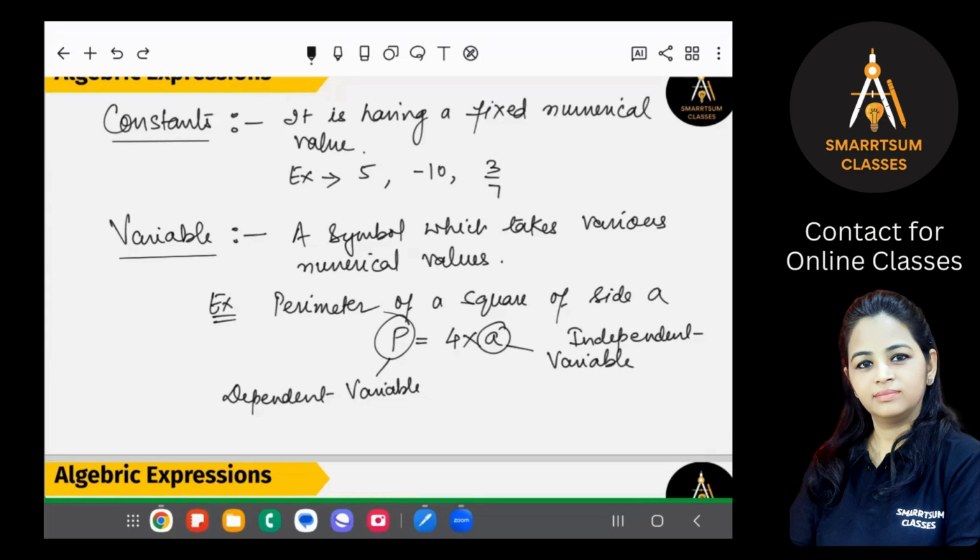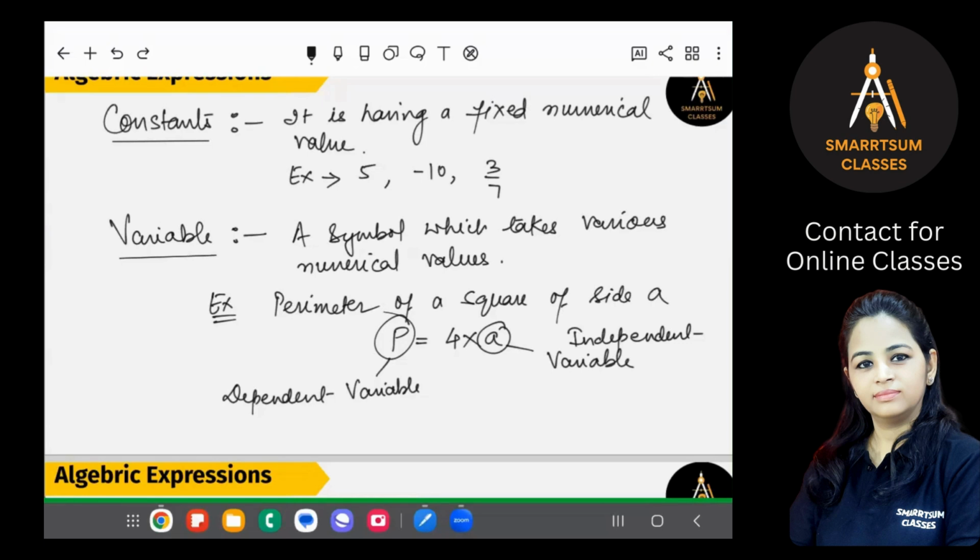However, both are variables. So a variable is a symbol which can take different numerical values, and its value will change according to the case we are taking in the question. But a constant always remains the same. Whatever the condition, the numerical value of that constant will remain fixed. So there is a difference between a constant and a variable.